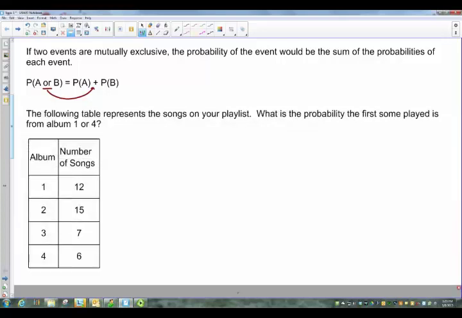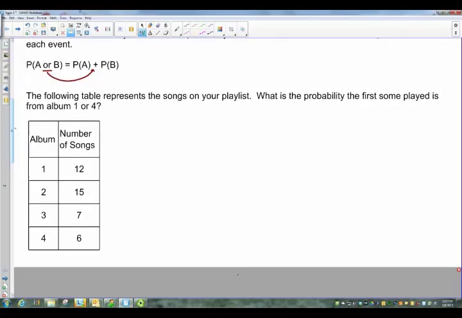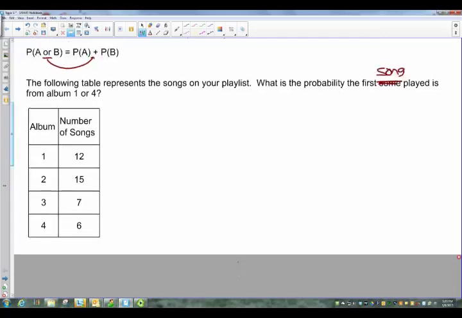So here we go. From the following table representing the songs on your playlist, what's the probability the first song played is from album 1 or 4? Here's how we start this. We need to know the probability first of the song being from album 1. Just like any other probability, you do the items that you want over the total.